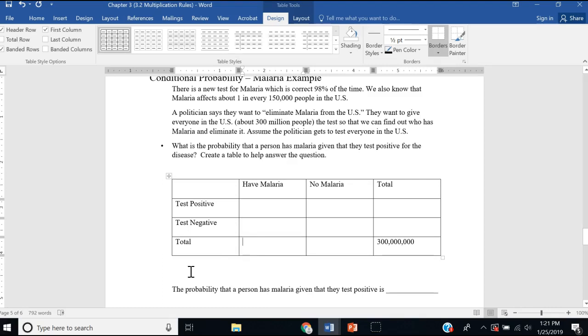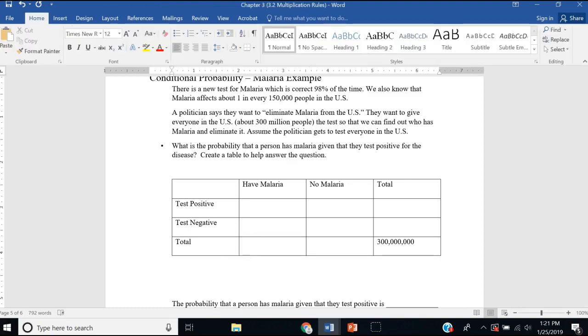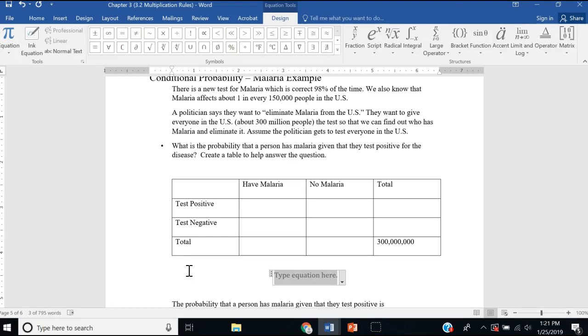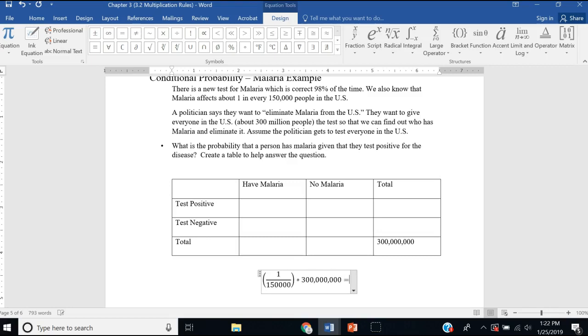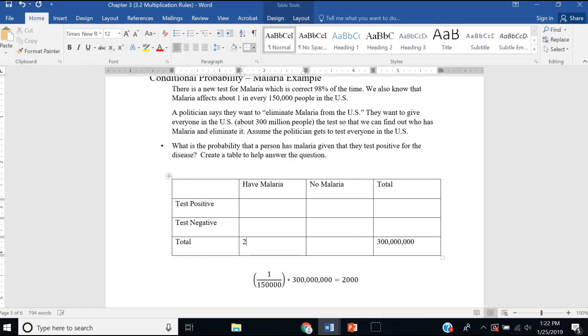This comes from the fact that about 1 in every 150,000 people will have malaria. So if we multiply that times my 300 million, we see that about 2,000 people in the United States are likely to have malaria.